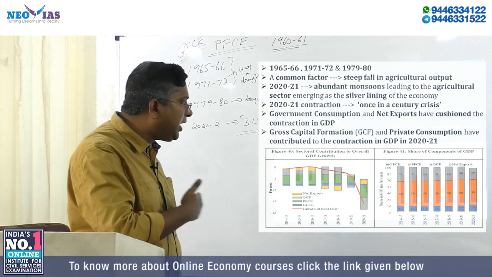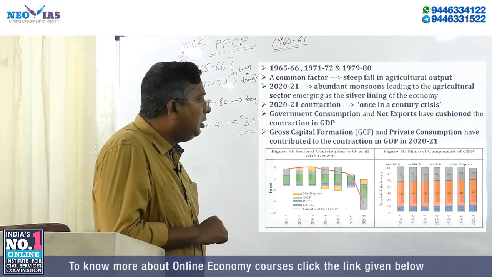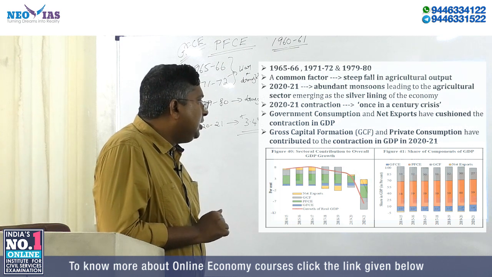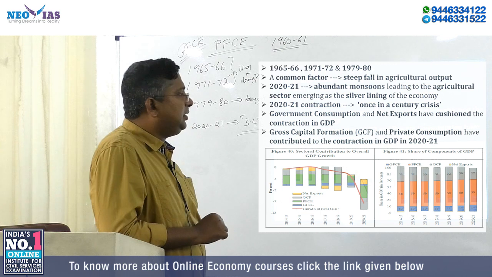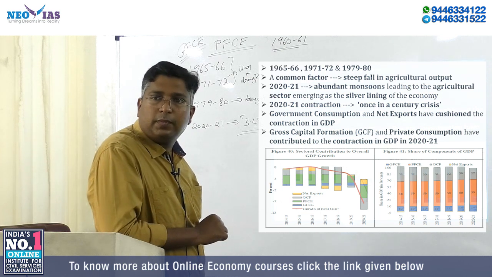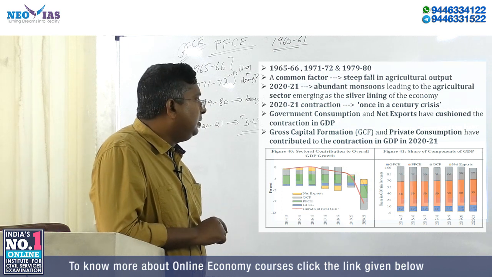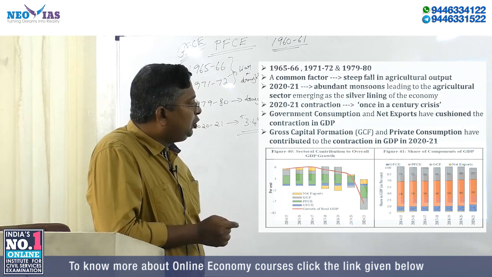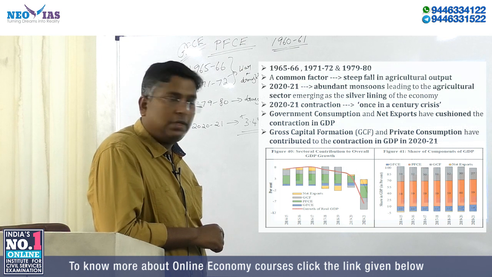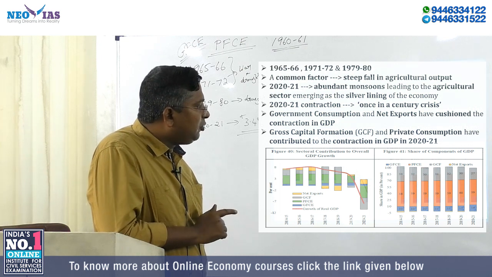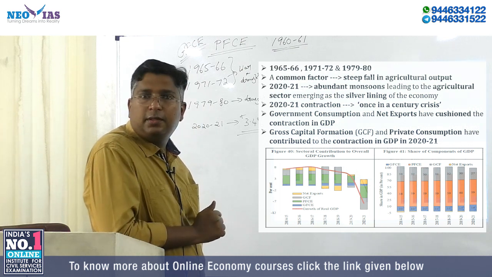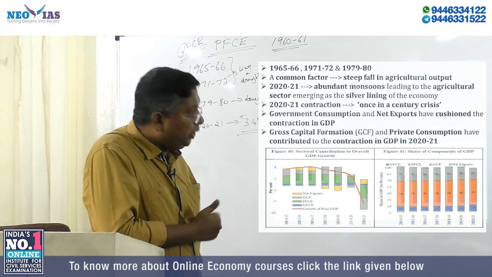Make a comparison between 2019-20 and 2020-21. In 2019-20, the share of private final consumption expenditure was 60%. Now due to the contraction in 2021, it reduced to 59. Gross capital formation was 30% of GDP; it reduced to 27.